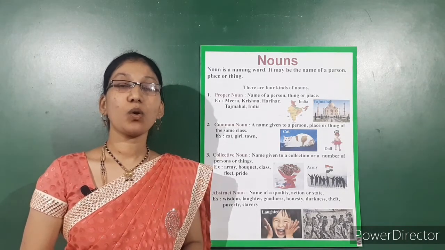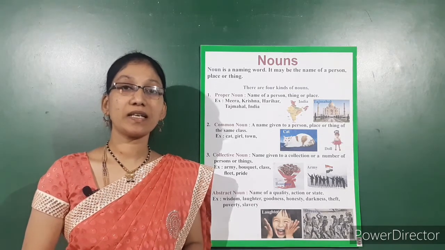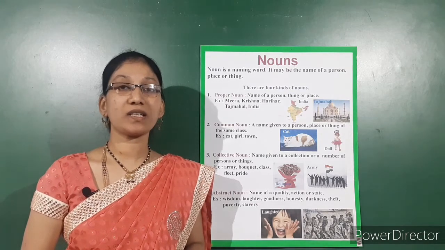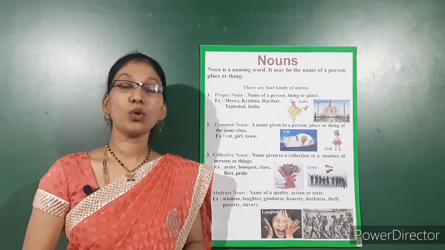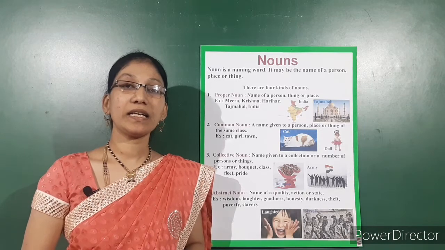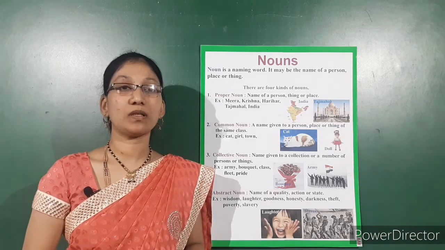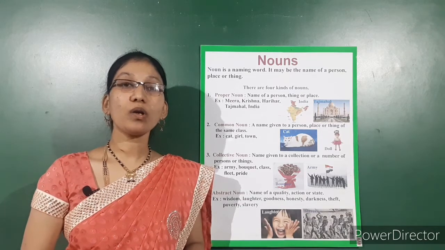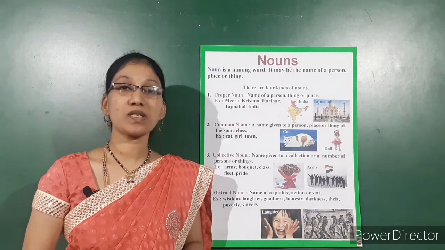Noun is one of the major components of the sentence or speech. We divide noun into 2 categories. It can be visible, it can be invisible. What all you see in your surrounding, that is visible.